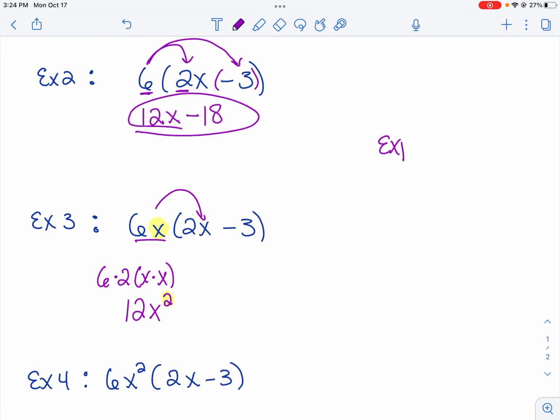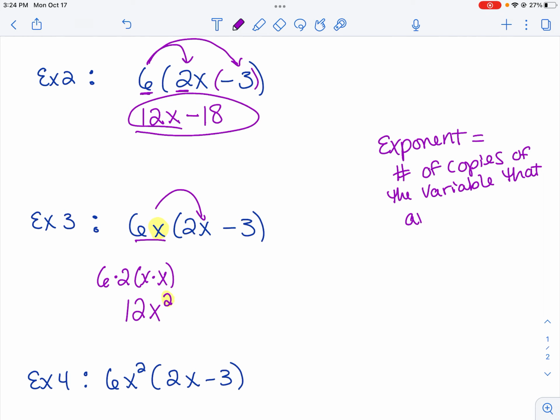So the exponent is the number of copies of the variable that are multiplied together. So if you had x cubed, that means you have x times x times x. If you have x to the 5th, that means you have 5 copies of x. Right?